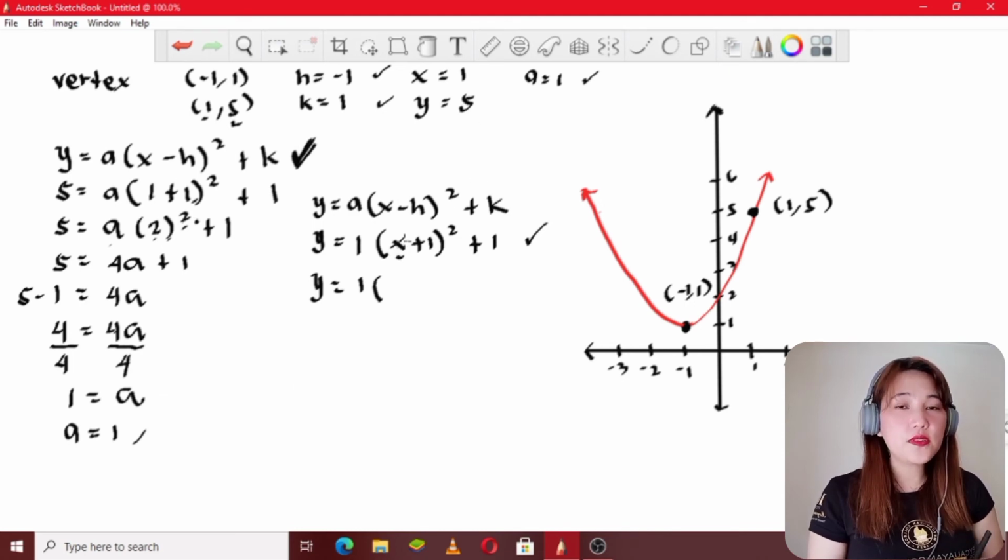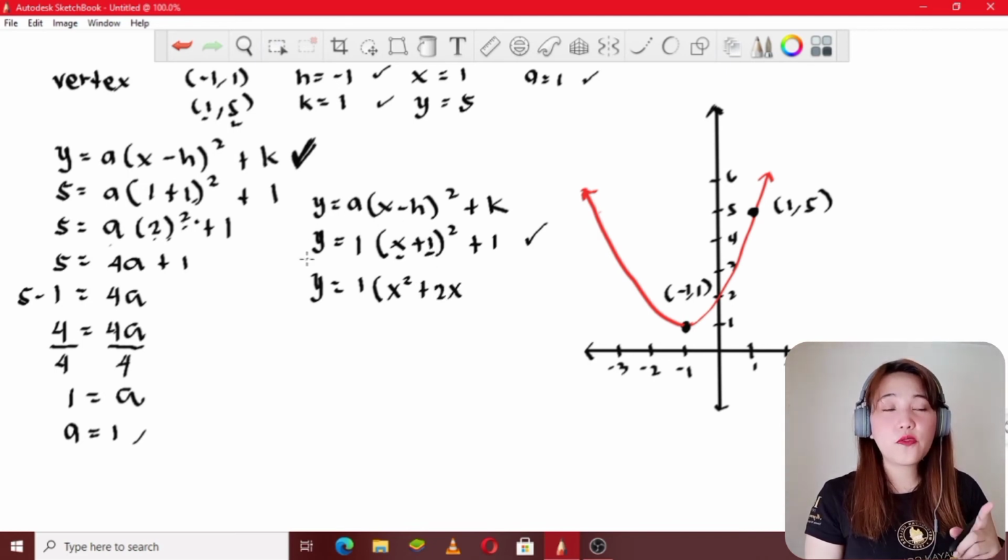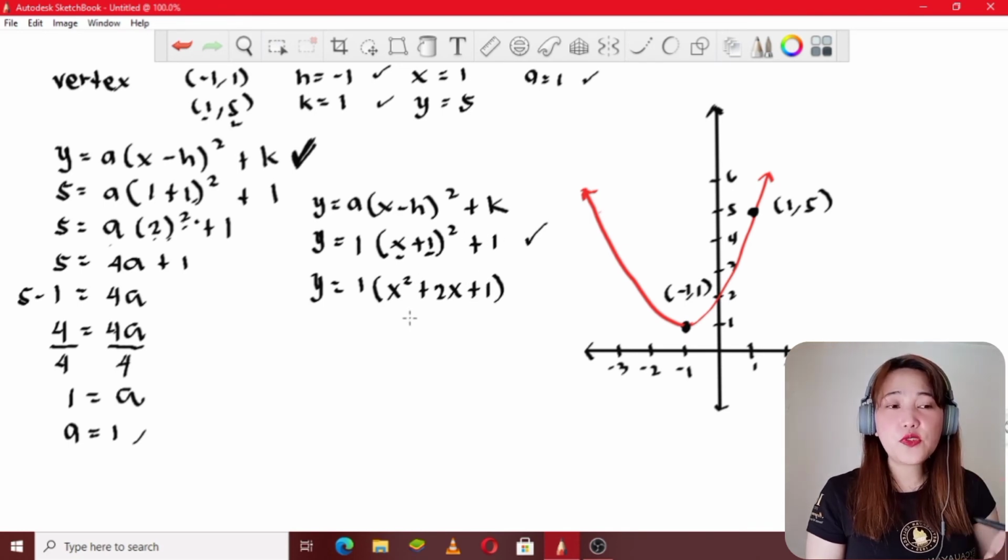So, square the first term, square ng x, that is x squared. Next, twice the product of the first term and the second term, or 2 times x, that is 2x plus 1, still 2x. And then square the second term, which is 1. Square of 1, or 1 squared, is still 1. So if you solve this using long method, we will still come up with this answer. And then copy plus 1.